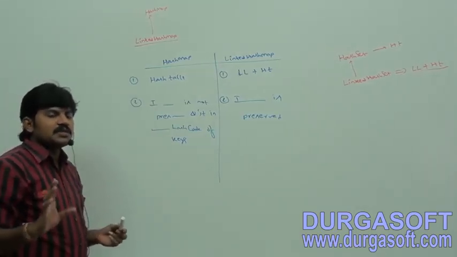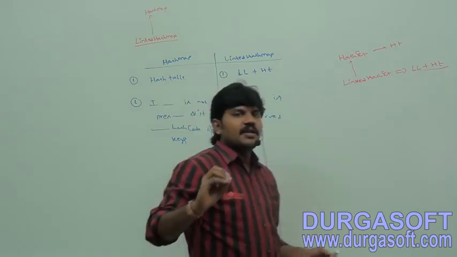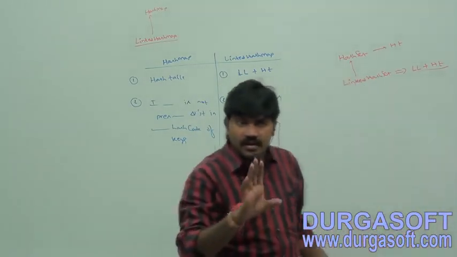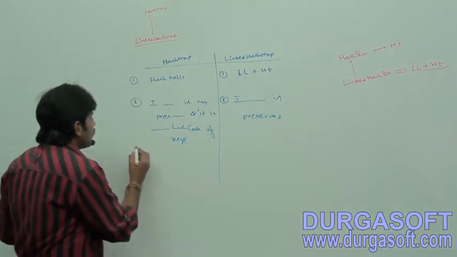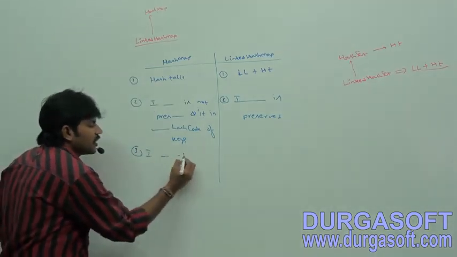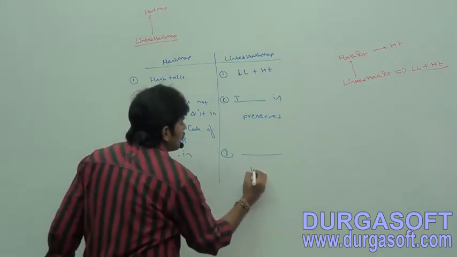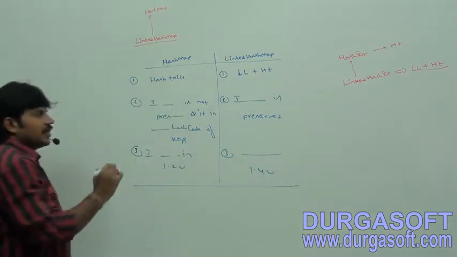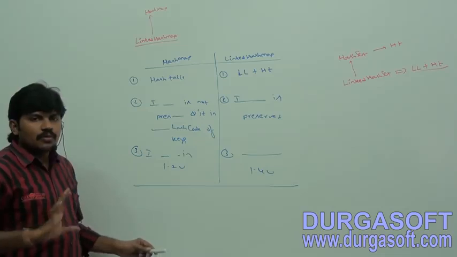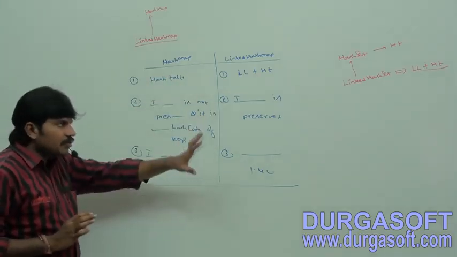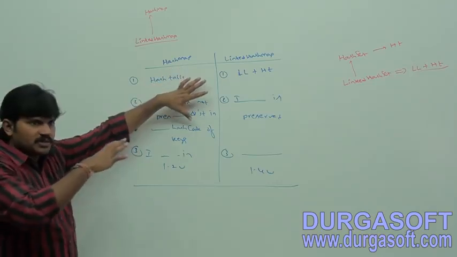In hash map, insertion order is not preserved, and it is based on hash code of keys. But in linked hash map, insertion order is preserved. That's all. This is the major difference between hash map and linked hash map. Now the third one: hash map was introduced in the 1.2 version, and linked hash map in the 1.4 version. Except that, there are no other differences between hash map and linked hash map. Are you getting it? I will execute the program. Up to this, is it clear?